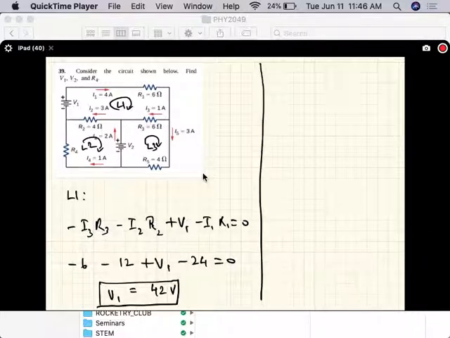Okay, now we'll do loop 3, and that will solve V2 for us. So we'll start off here, go around, that's plus V2, and then you're going against the current, so plus I3R3, and then you're going with the current, so it's minus I5R5.